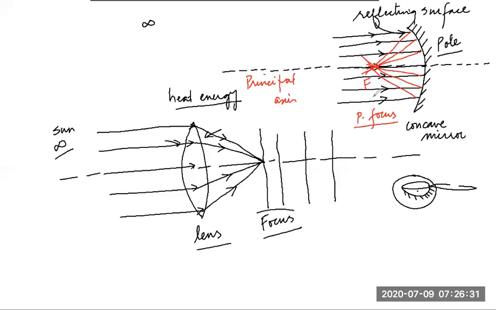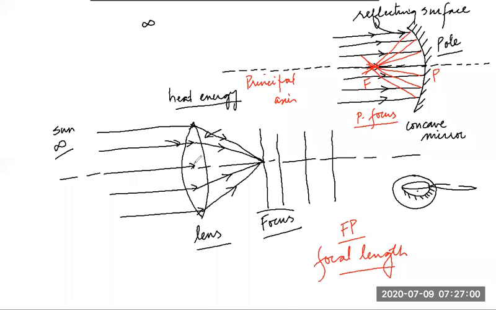So you can also say on the principal axis, focus is there, and the pole is represented by P. So the FP distance, that is the distance between the principal focus and the pole, students, is known as the focal length of the mirror. It's the same case in the lens also.